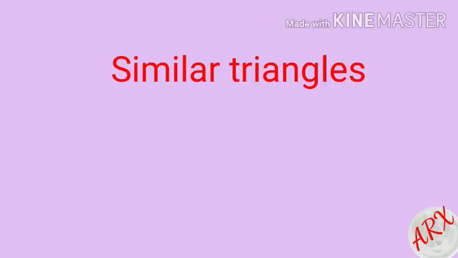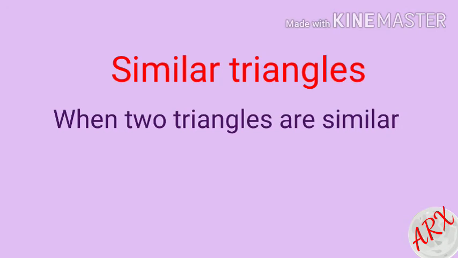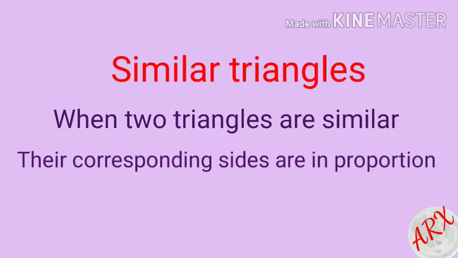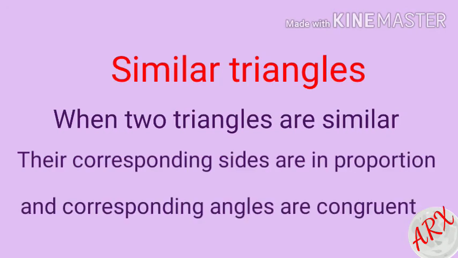As we studied in 9th standard, when two triangles are similar, their corresponding sides are in proportion and their corresponding angles are congruent.